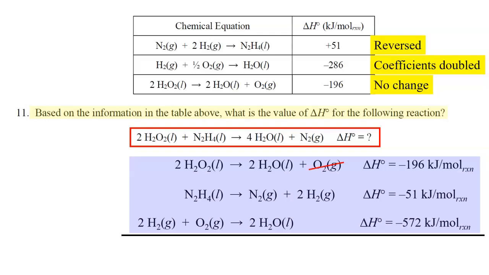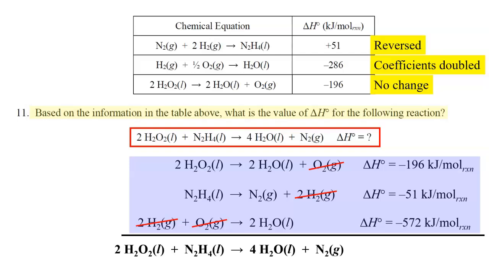So I see oxygen on the right, oxygen on the left, so I'm going to cross those out. I see 2 moles of hydrogen on the right and 2 moles of hydrogen on the left, so I can cross those off. And now the overall equation has 2 moles of H2O2, 1 mole of N2H4, a total of 4 moles of water, and 1 mole of N2. So now that procedure is successful.